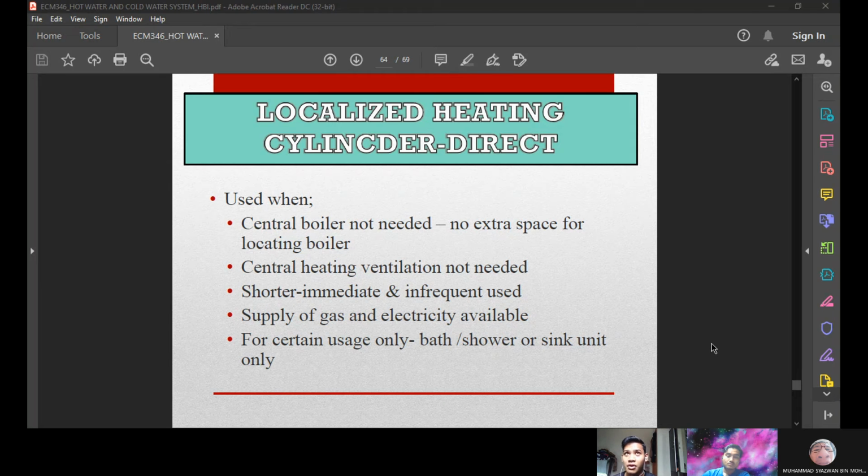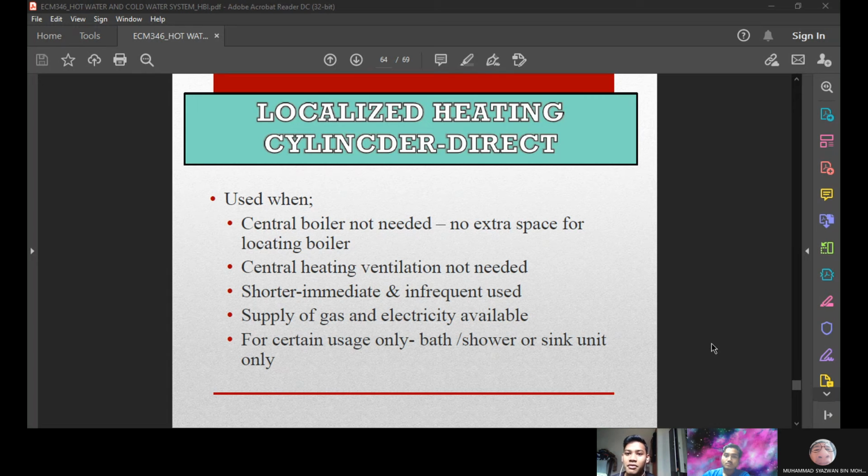It is used for infrequent use. So localized heating is the best to use when a supply of gas and electricity is available.